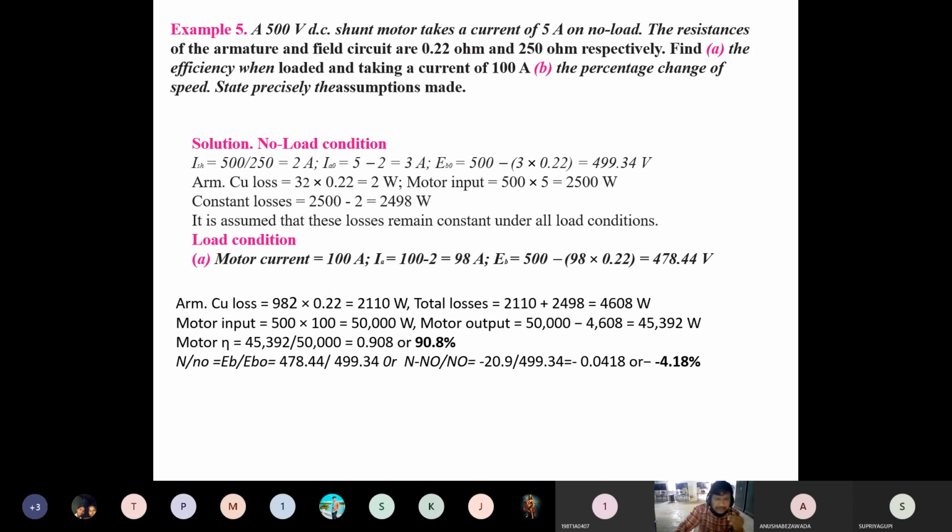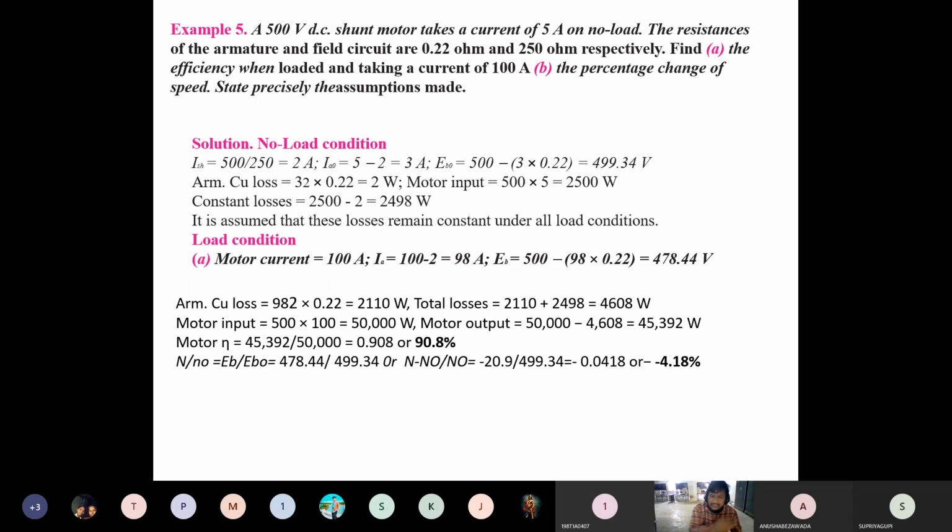Now find out the constant losses. Constant losses are nothing but input minus copper losses, 2500 minus 2, that is 2498 watts.